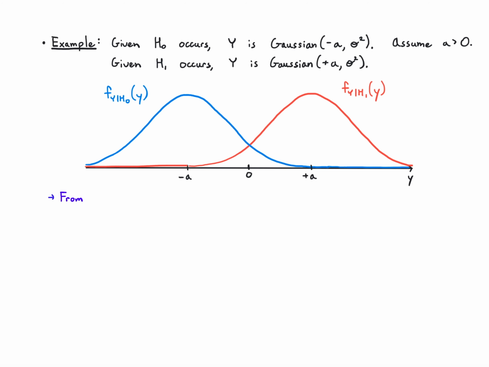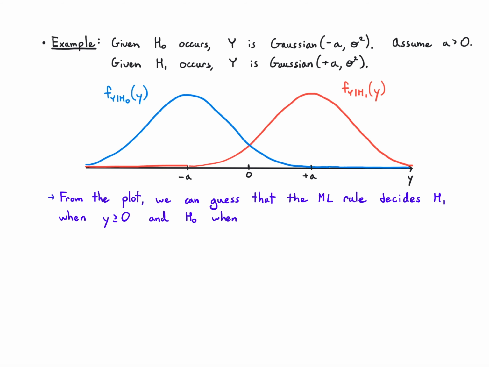One way to do that is to use the likelihood ratio or the log likelihood ratio, but we can just look at this plot and guess that the ML rule is going to decide for hypothesis 1 when the value of y is greater than or equal to 0, because that's exactly where the red curve goes above the blue curve, and it stays above it. And it says h0 when y is less than 0, because that's when the blue curve is higher.